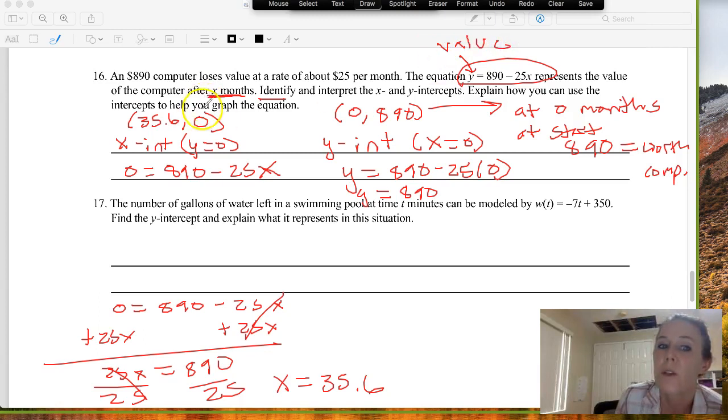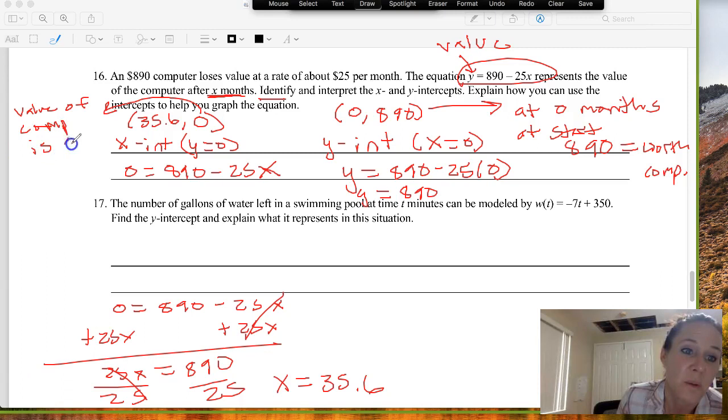Okay, so the value of the computer, what if the value, y, is 0? What if the value of your computer is 0? Well, that means a bunch of months went by. So when the value of the computer is 0, then 35.6 months went by.